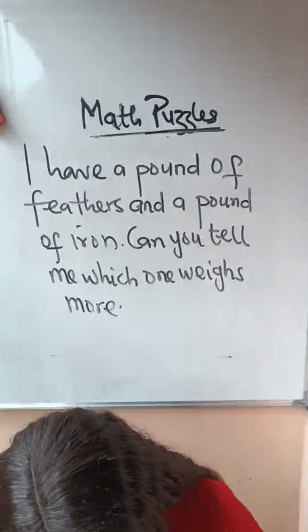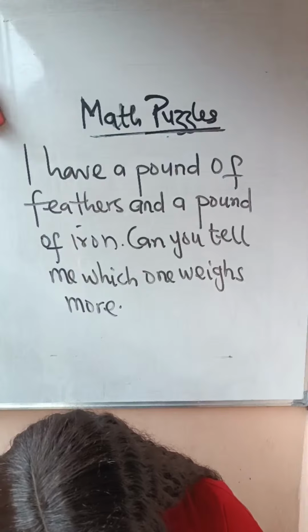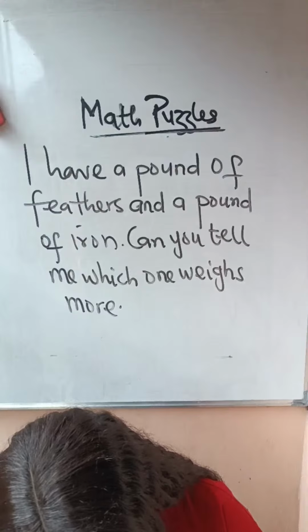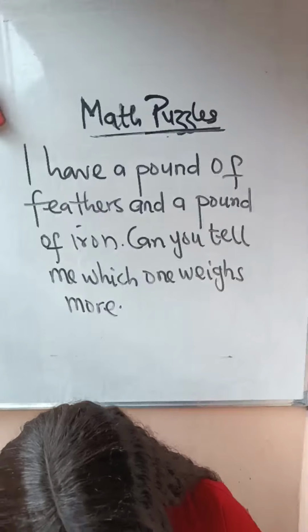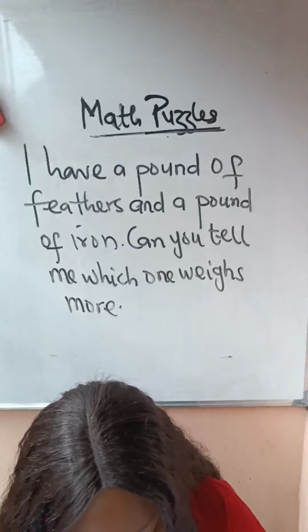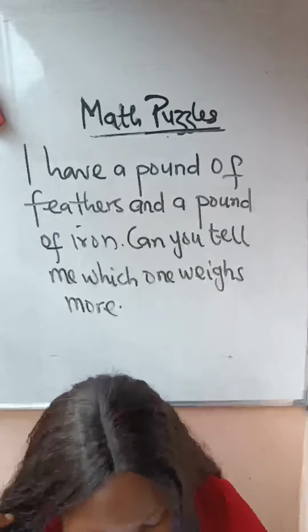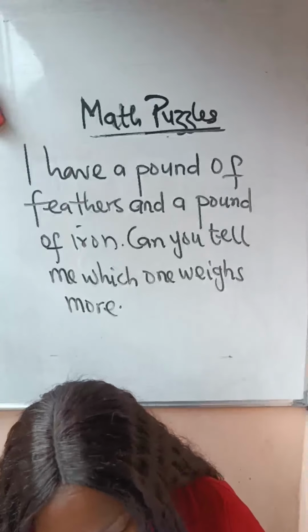Liam is saying feather, because a square plus b square equals the same weight. Mr. Zidane is saying 1 pound is not necessarily a pound. For instance, a pound of iron weighs more than a pound of gold.